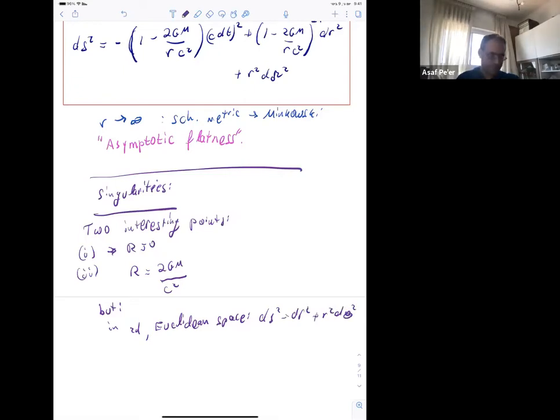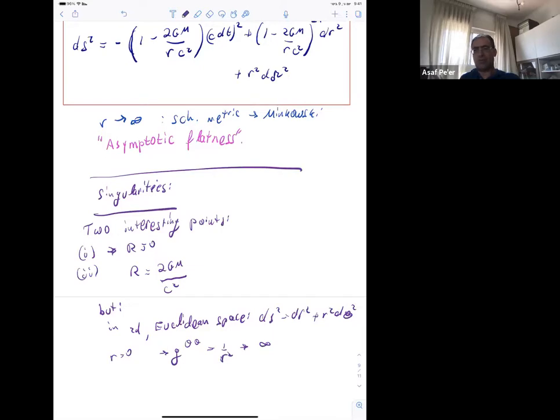So at r equal to 0, g theta theta is r squared, and its inverse, 1 over r squared, will go to infinity. But does it mean that there is something bad happening at r equal to 0? No. This is just our choice of coordinates.